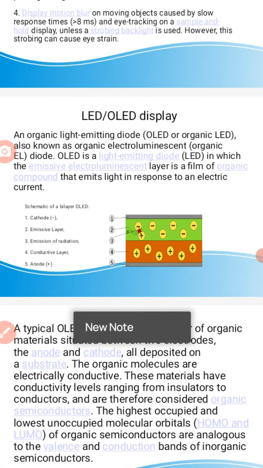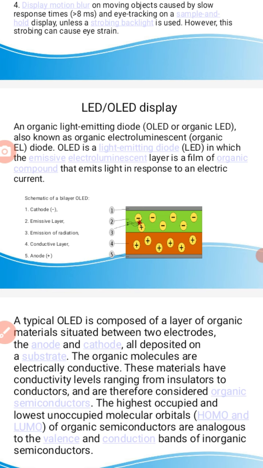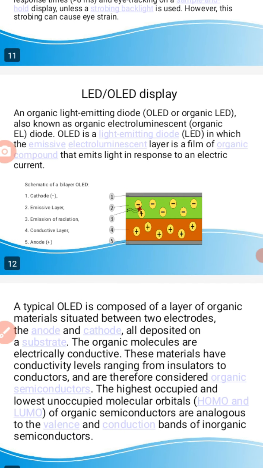Normal LED. Here we understand how a normal LED works. A PN junction diode is supplied with a battery.